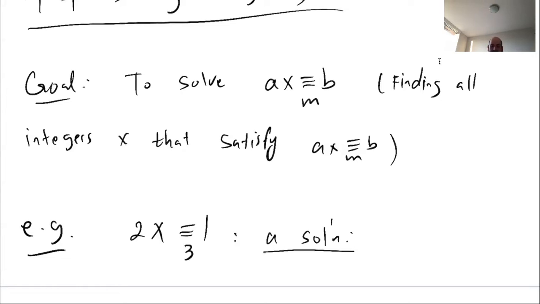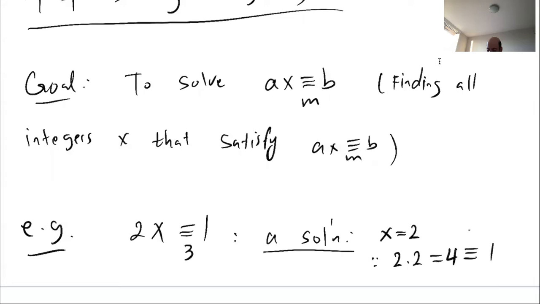Well, for example, if x is 1, 2 times 1 is 2, which is not 1 mod 3. But let's say x is 2. Then 2 times 2 is 4, right?